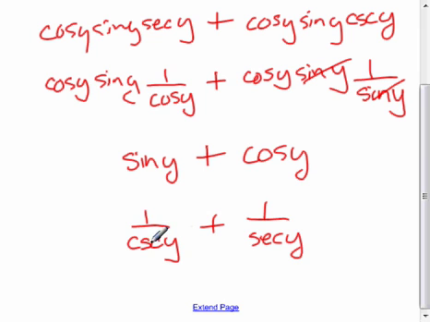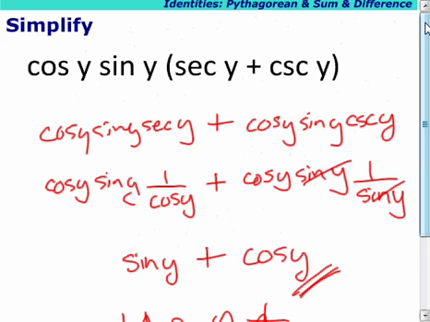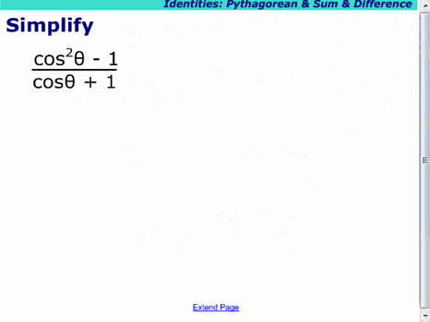And I'm going from primary to secondary or reciprocal ratios, so I probably wouldn't go that far. I'd probably leave it right there. Okay, so there's another example of simplifying trig expressions. Let's try one more, and then we'll go on to some other identities. Okay, cos squared minus 1 all over cos plus 1. In the top here, maybe it might be helpful to write these.